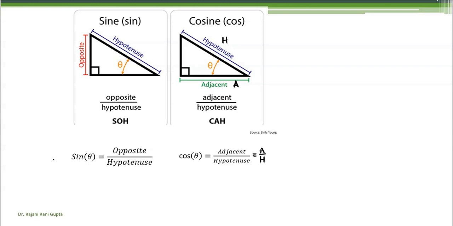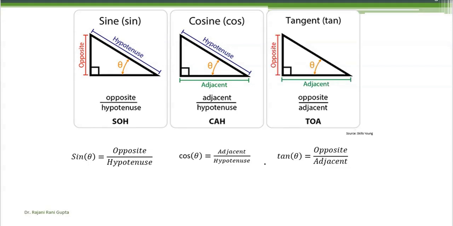Similarly, the relationship between opposite and adjacent gives you the tan of theta, which is opposite over adjacent, O over A. So these are the three basic trigonometric ratios in any right angle triangle.